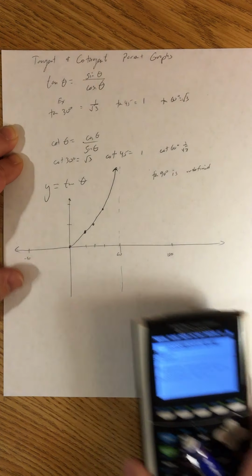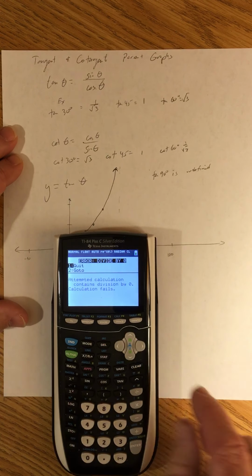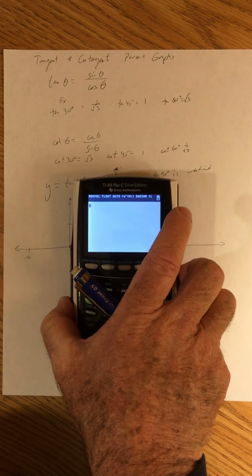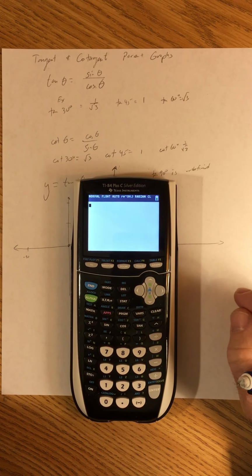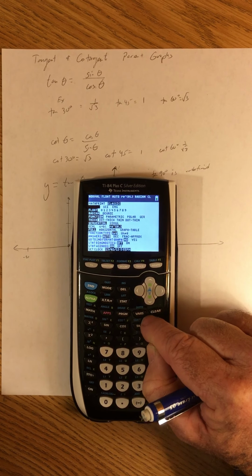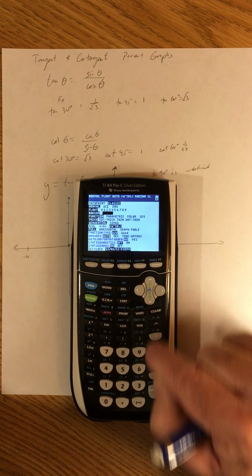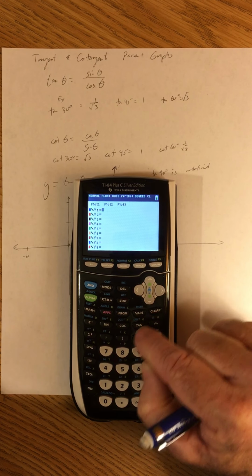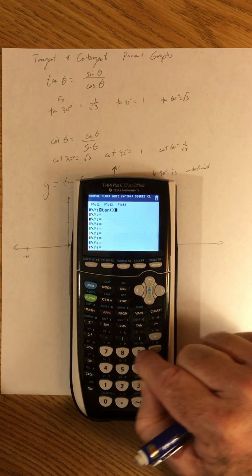All right, well, we can sort of cheat a little bit and see what this looks like by putting it into the grapher itself. So that's what we'll do. Everything we do today is going to be in degree mode, so I'm going to go into degree mode. And we're just going to put tan of x in here.